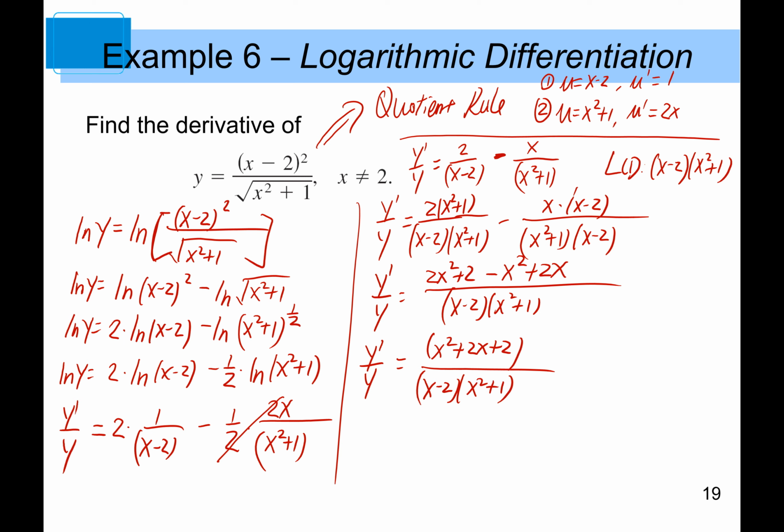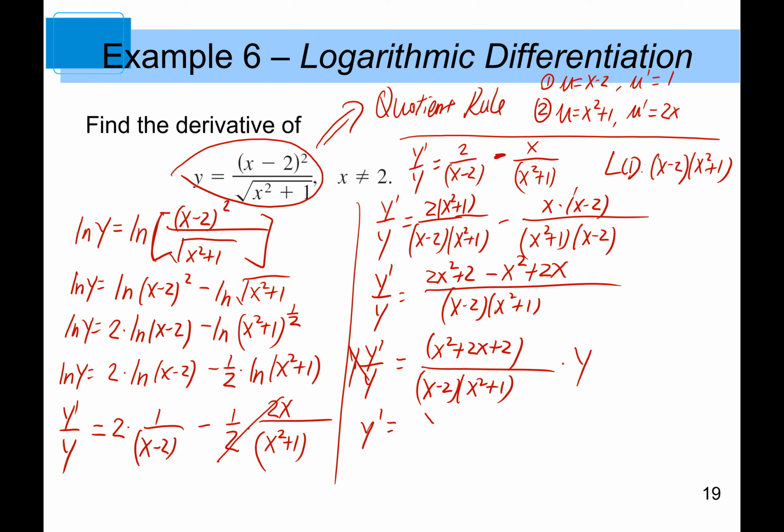Now we're going to multiply both sides of the equation by y. Okay, cancel y. So y prime equal to, then y is equal to this. Alright, now replace y with that.